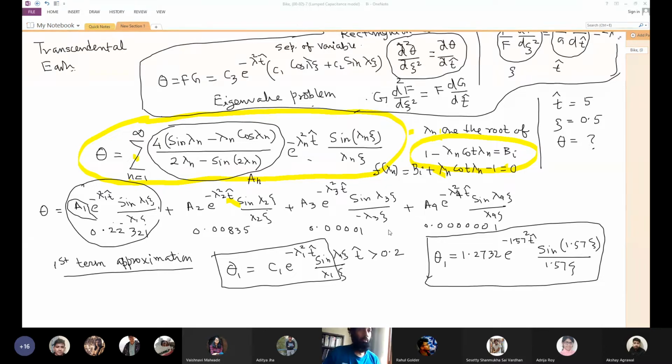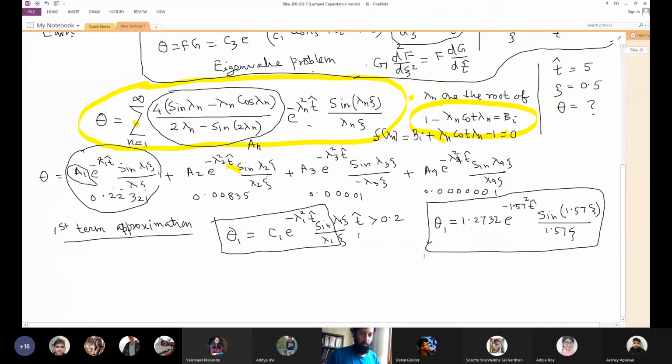Okay, so let us solve the problem so that things are clear. You will need this table. I can put it on the screen. So just do the simple problem.